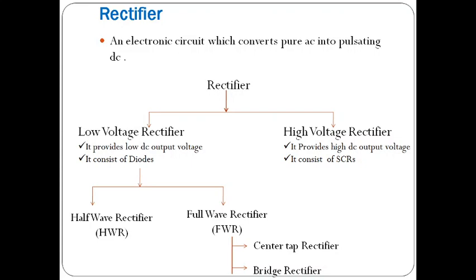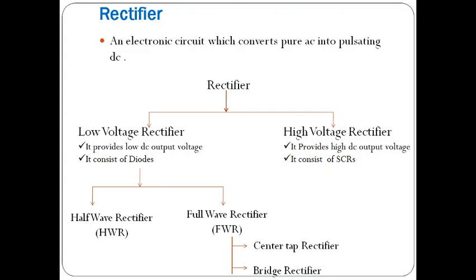So we are saying our PN junction diode is acting as a rectifier. For that we need to recall the PN junction diode operation. We know our PN junction diode conducts only in one direction. It conducts when forward biased, while practically it does not conduct when reverse biased.